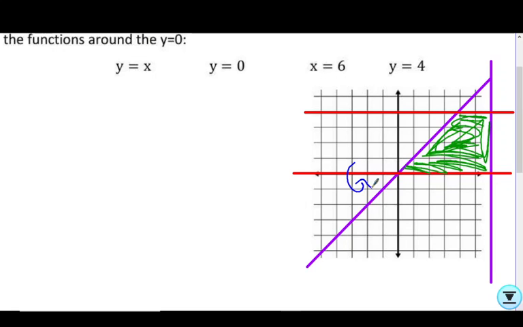So, if I draw this, basically we're talking about this right here. So this rotates like this.